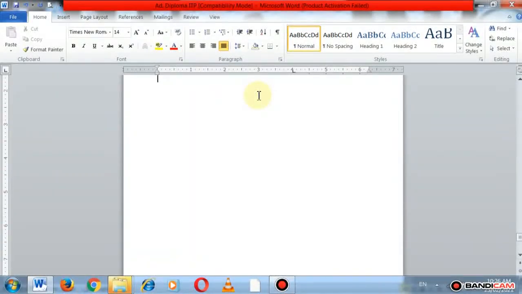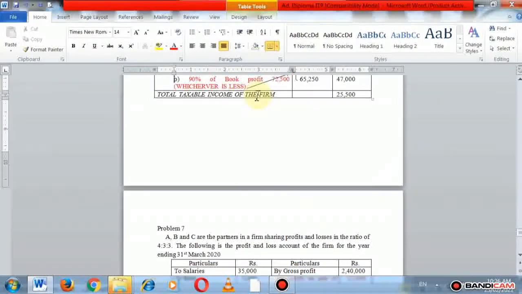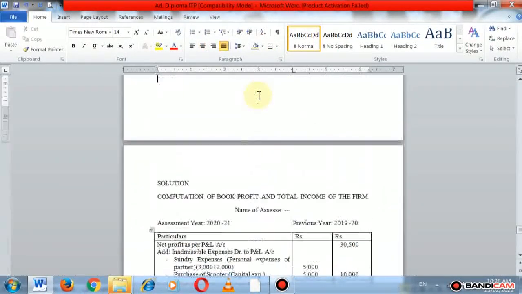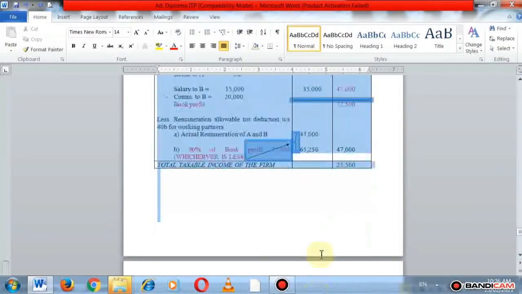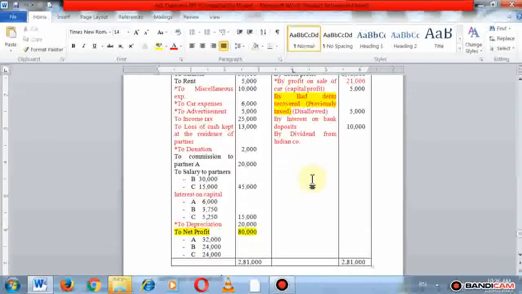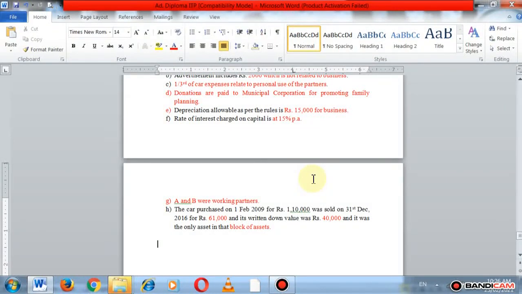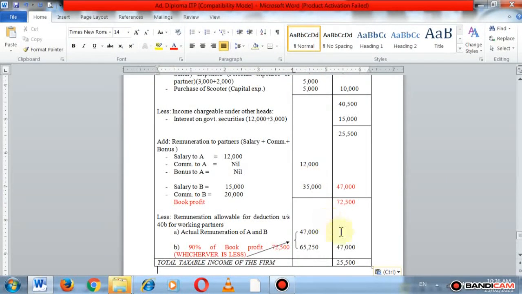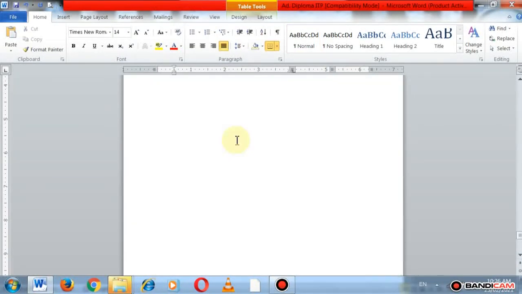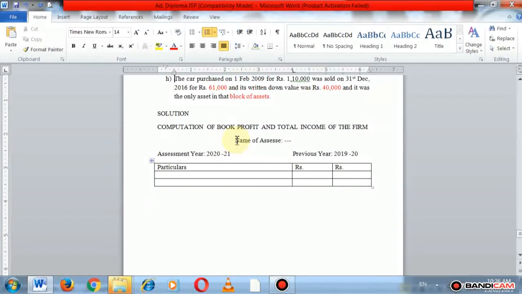Solution: computation of book profit and total income of the firm.